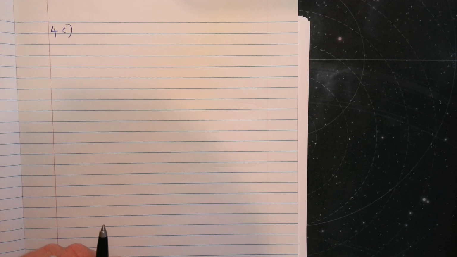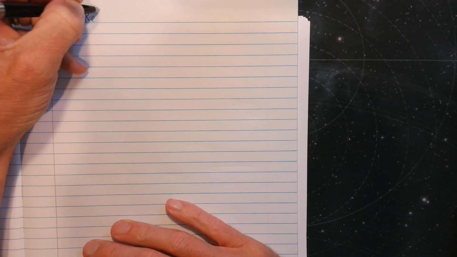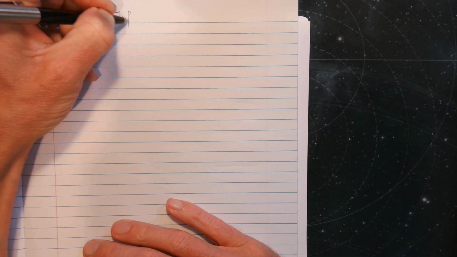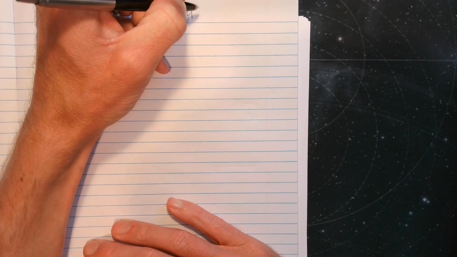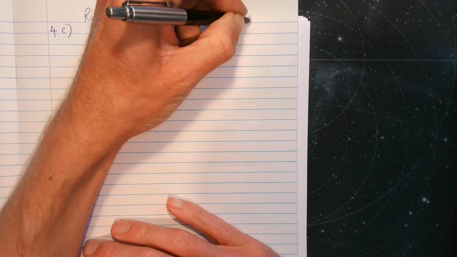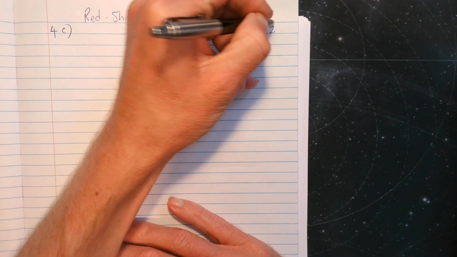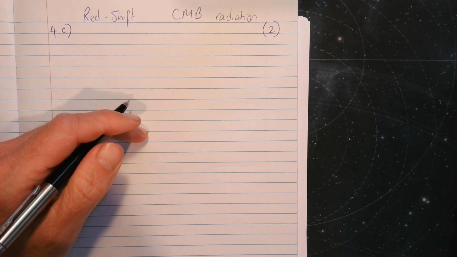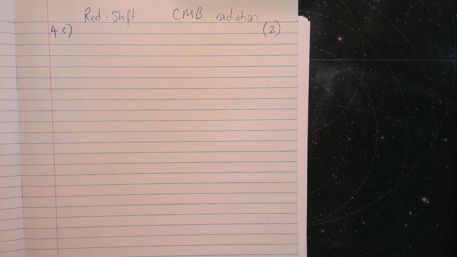And we've got this theory of the Big Bang Theory, origin of the universe, and evidence is redshift and CMB. So these two things provide us evidence for the Big Bang. We're going to have a few questions about why that is. So first question, 2 marks. Simply what is meant by redshift?